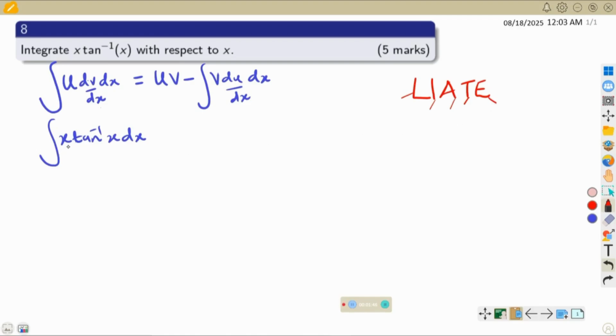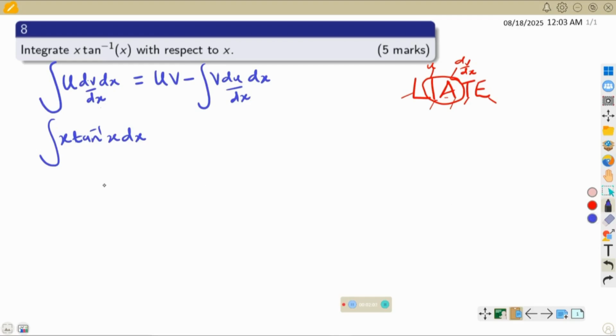So x is algebra, then tan inverse is inverse. So if I fit it in integration by parts, tan inverse is my u and x is my dv by dx.